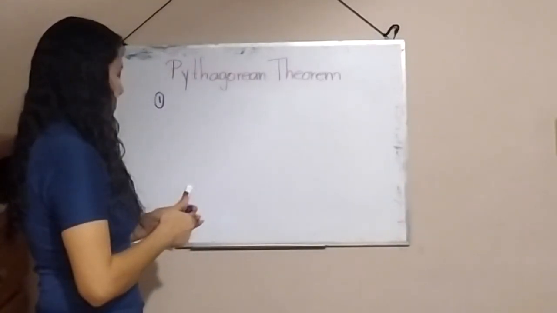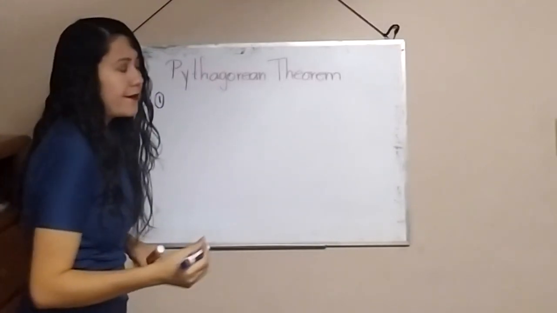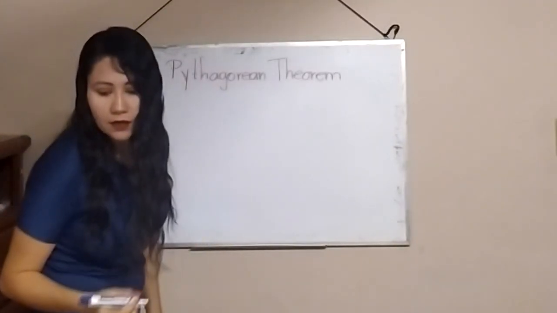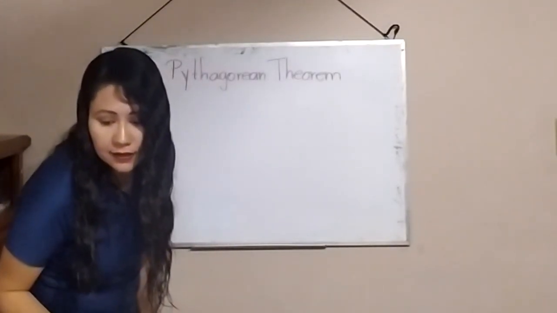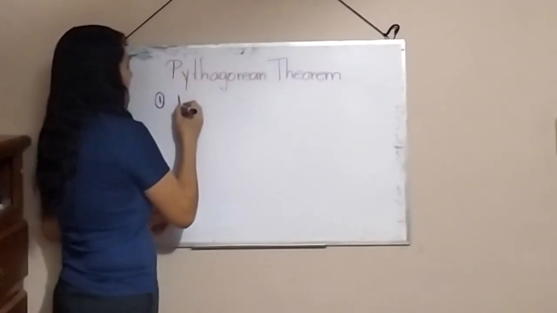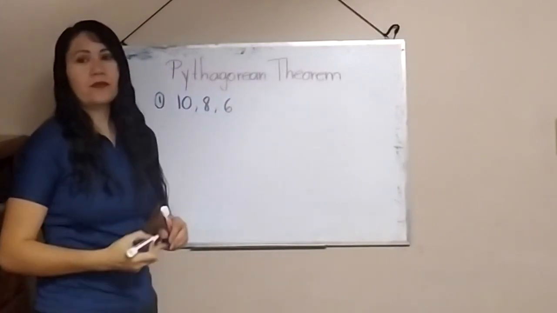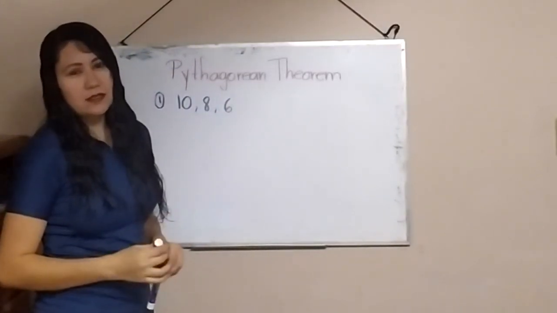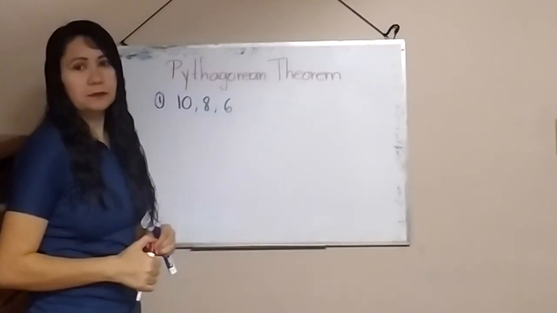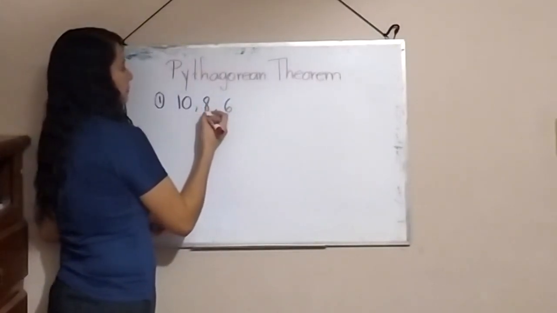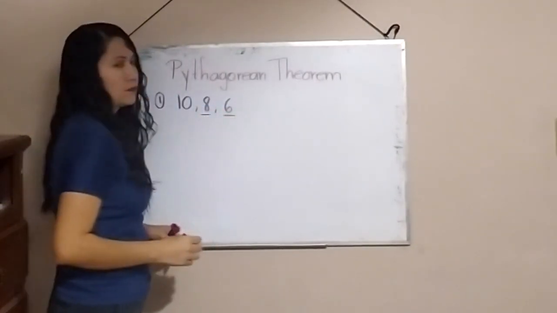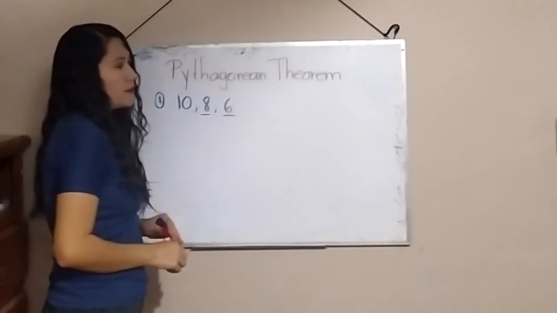Let's do an example. Let's say we have a triangle that has sides 10, 8, and 6. Okay? Out of these three sides, which ones are the legs? The 8 and the 6.